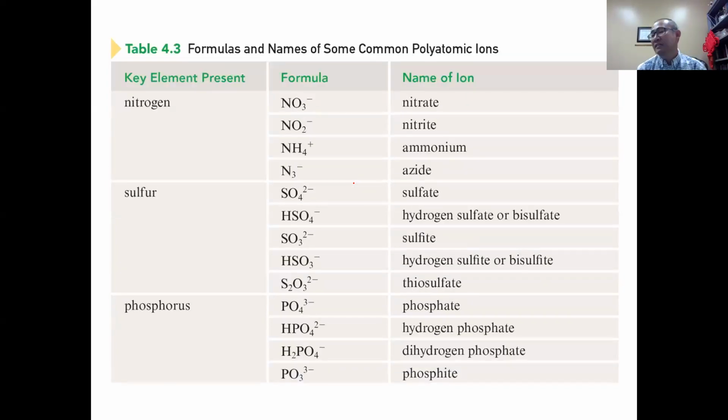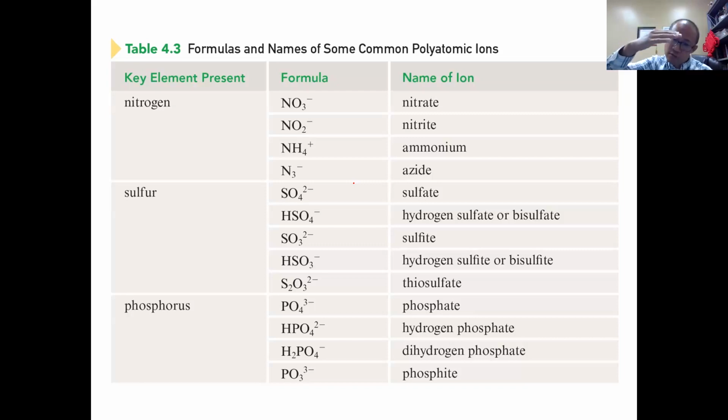I think in your book, table 4.3 lists the formula, the name, and also the charge of these common polyatomic ions. You can see each ion comes with the formula, which means how many atoms are in there, and also each ion comes with a charge, and also each ion has a unique name.